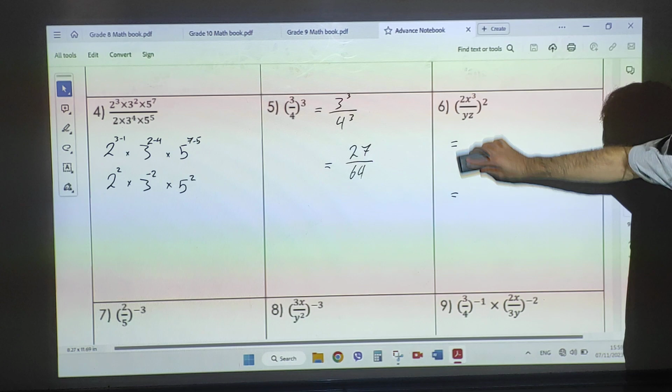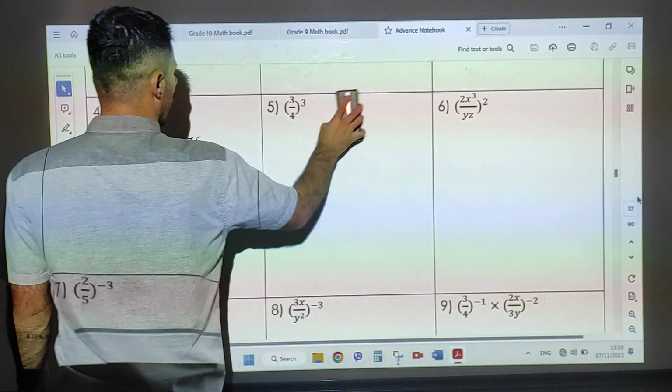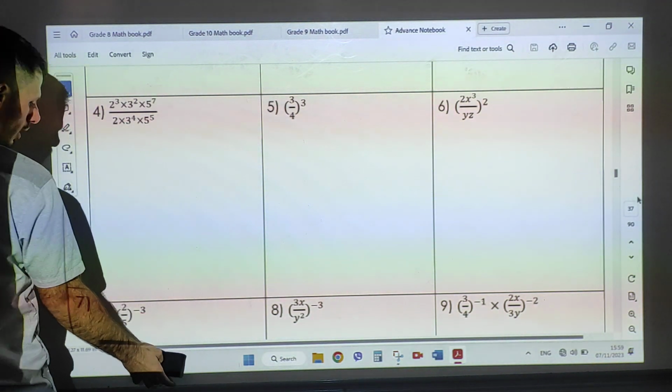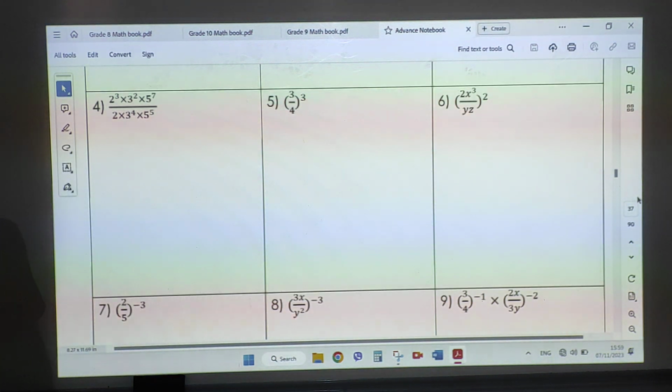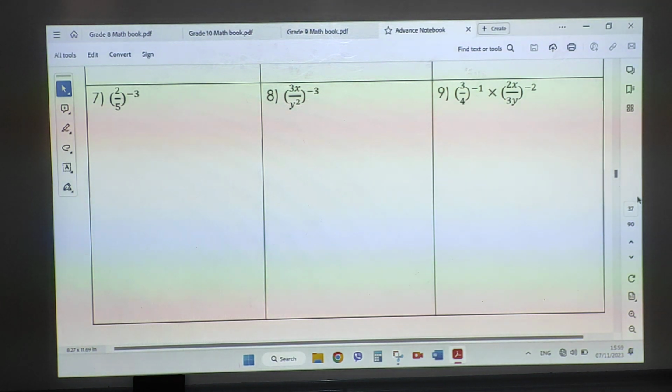And for the next 3, which have negative powers over the bracket, whenever you get a negative power over the bracket, you can make it positive by flipping the fraction. Just make the fraction upside down, and then you can solve as positive power. Look, 2 over 5 to the power of negative 3.